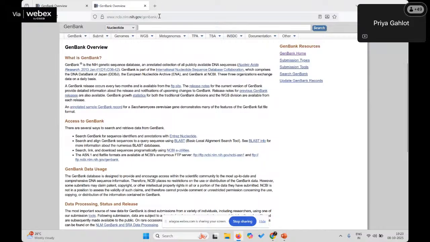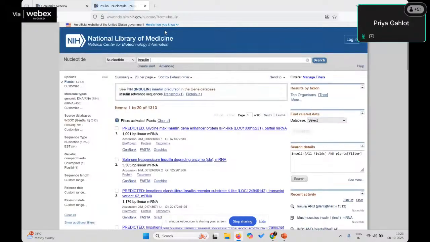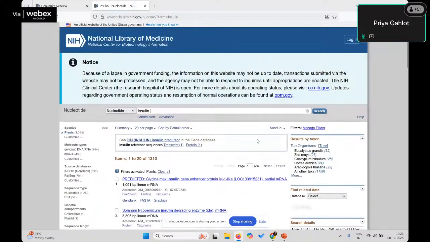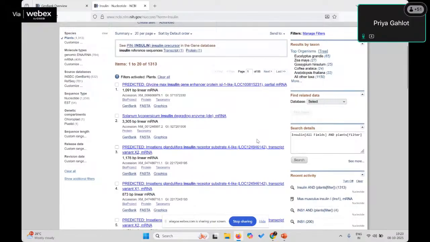So you can search any of your interest area here, and let's just search insulin. So it will give us everything. I had just randomly put insulin. There was no logic behind it.